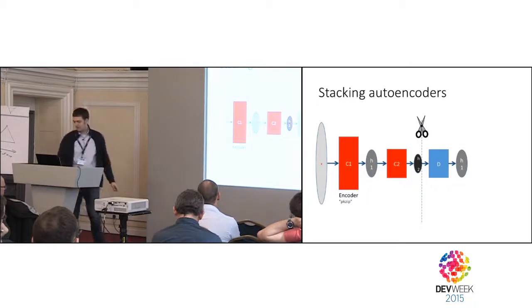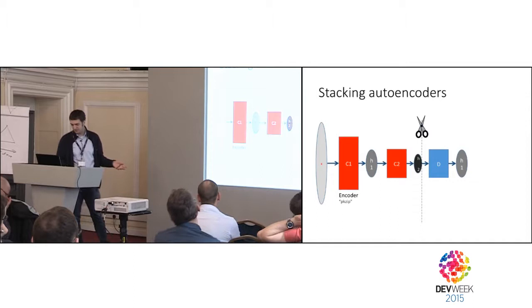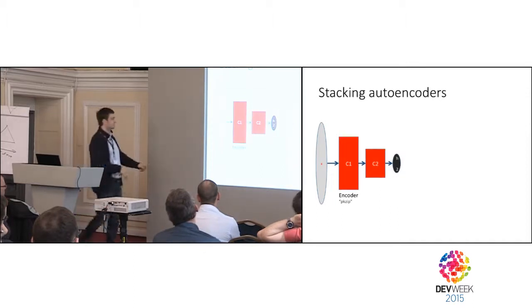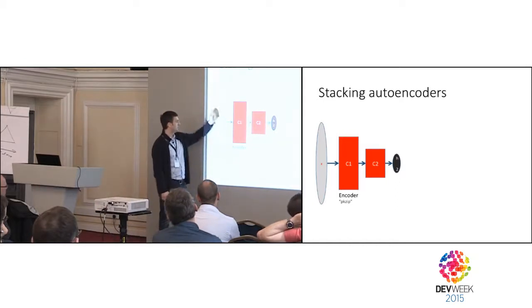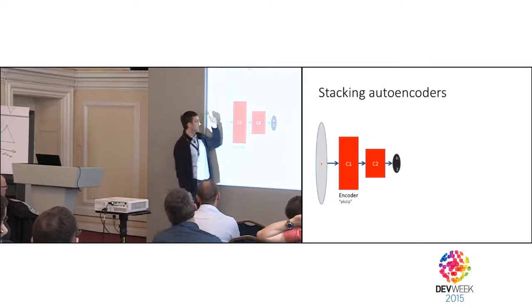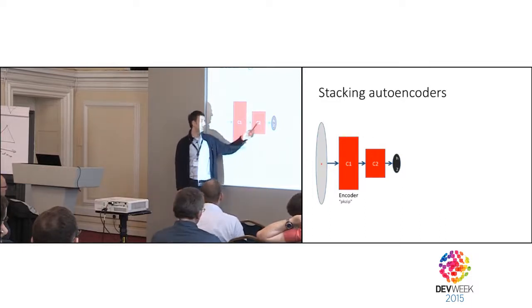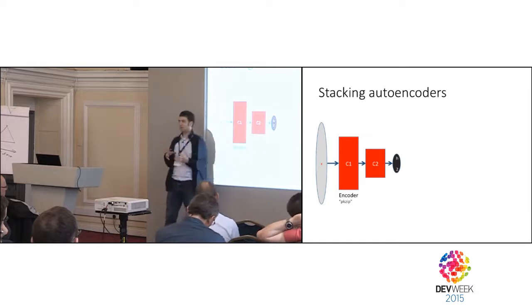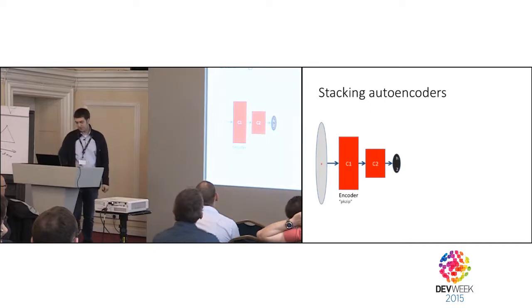And so then we can also cut off this decoder part here. And we don't need now intermediate computations. So we have coder 1, which feeds its output to coder 2 and receives the next level of condensed representation of our data.